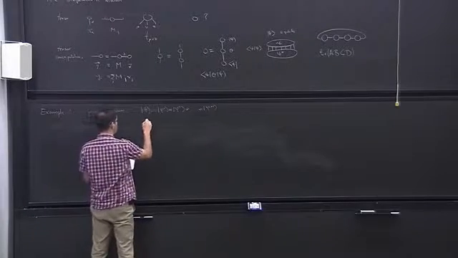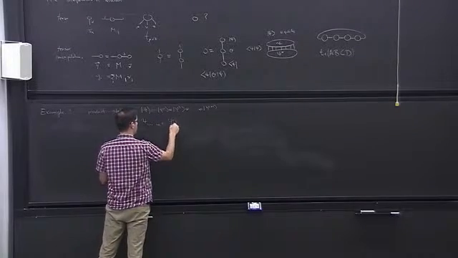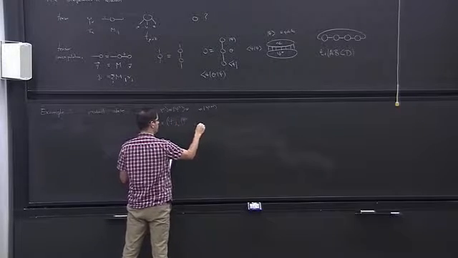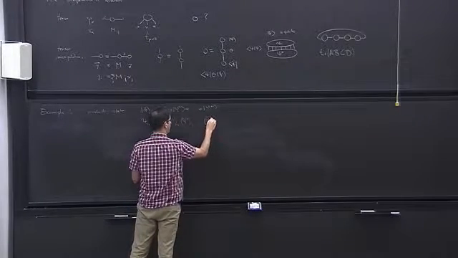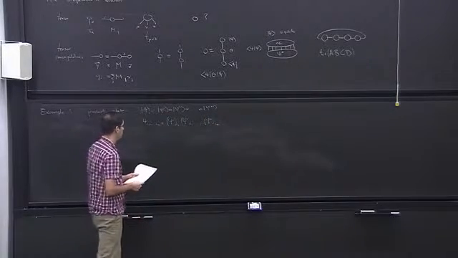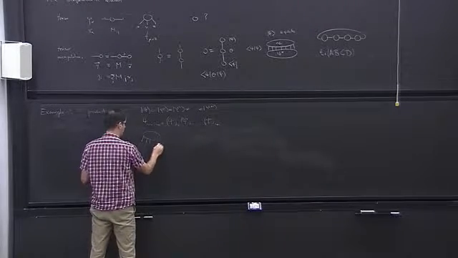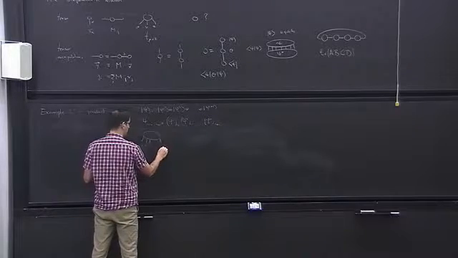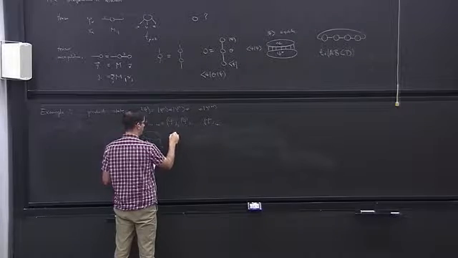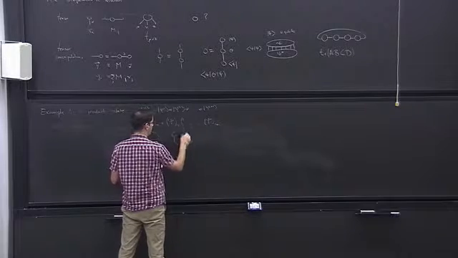Or in components, this means that psi I1, I2, ..., In is equal to phi 1, I1, phi 2, I2, ..., phi n, In. Or if we use our diagrammatic notation, we have psi here, and here what we realize is that we need to specify a vector, phi 1, for each site in the lattice.